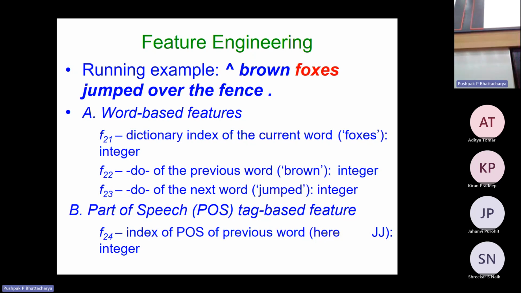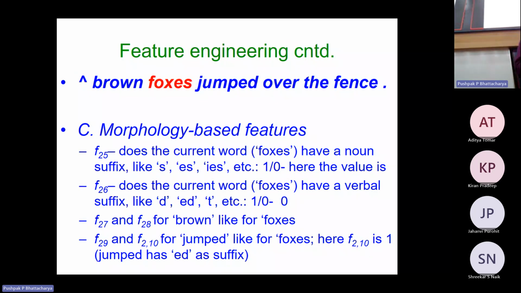Then we have morphology-based features, which are very, very important in a discriminative model. F25, the fifth feature of the second word, foxes: does the current word foxes have a noun suffix? For example, S, ES, IES, etc. This is 1 or 0, so it's a Boolean feature.